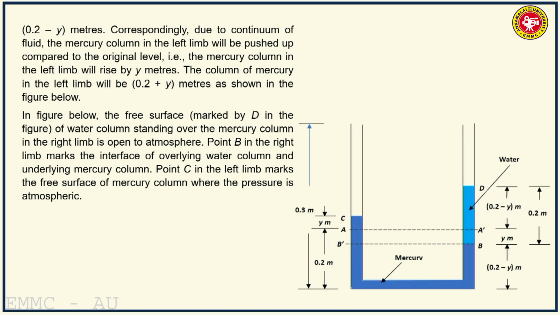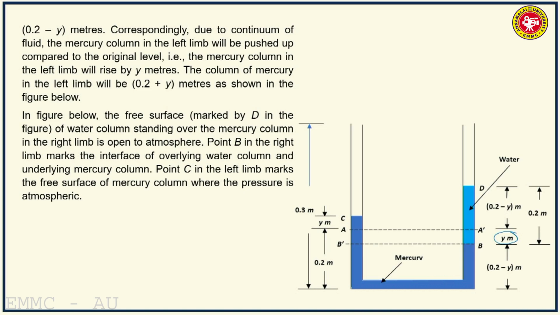So 0.2 minus y meters. Correspondingly, due to continuum of fluid, the mercury column in the left limb will be pushed up compared to the original level. That is, the mercury column in the left limb will rise by y meters. So the column of mercury in the left limb will be 0.2 plus y as shown in the figure. Originally it was A prime. A prime has come down to B by y meters due to the pressure of the overlying water.